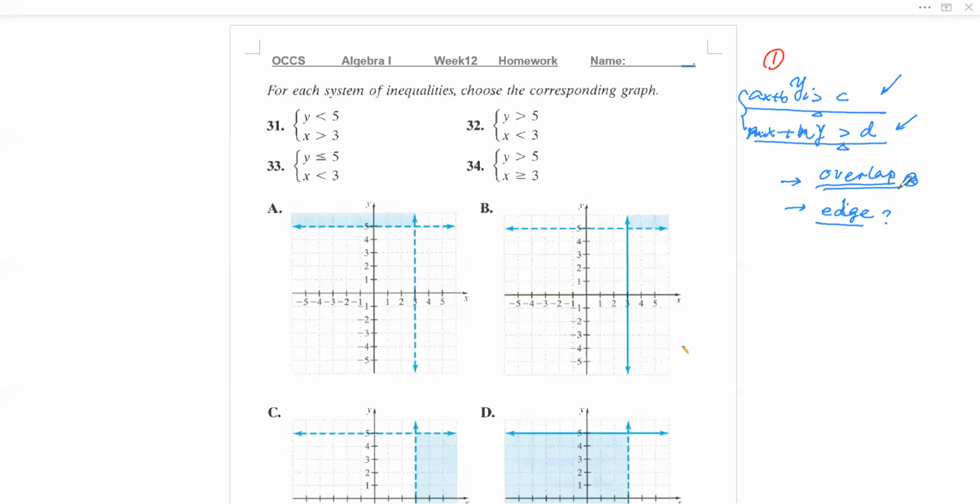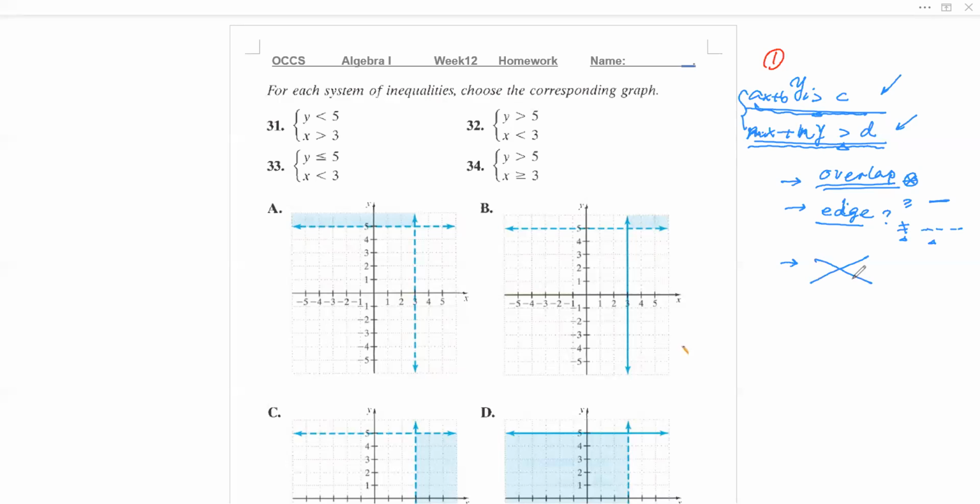If they are greater or equal, we use the solid line, meaning including the edge. If they are less than, with no equal in the system, we use the dash line, which means not including.